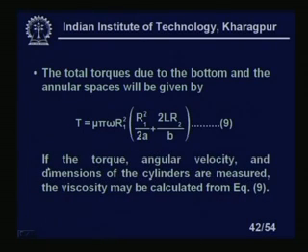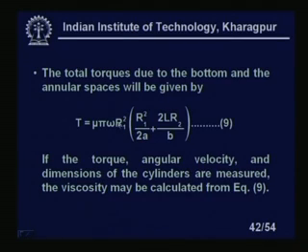Now, angular velocity and these are all constants. So, if the torque is measured, angular velocity is measured, and the dimensions of the cylinder, that means R1, R2, L, A, B, are all known to us, then the viscosity may be calculated from equation 9.